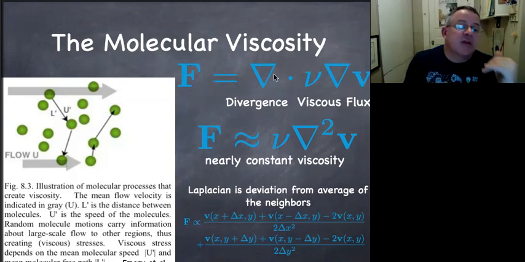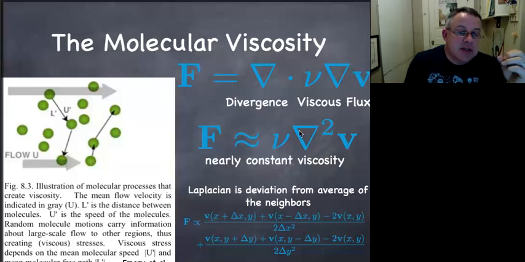If there was any divergence in that flux, that would tend to accelerate the layer. And the divergence of this flux, if the viscosity is constant, is just the same old friction term that we've been seeing.